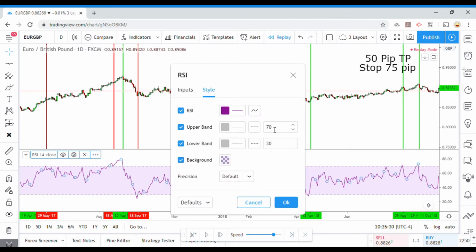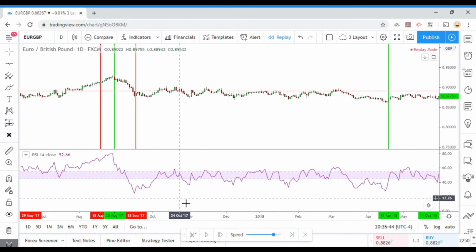I wonder if we were to modify these to, say, 55 and 45?